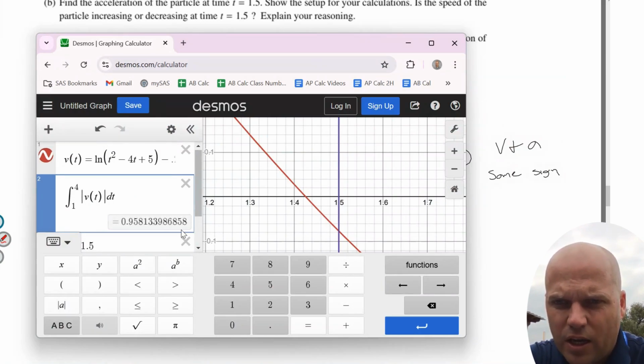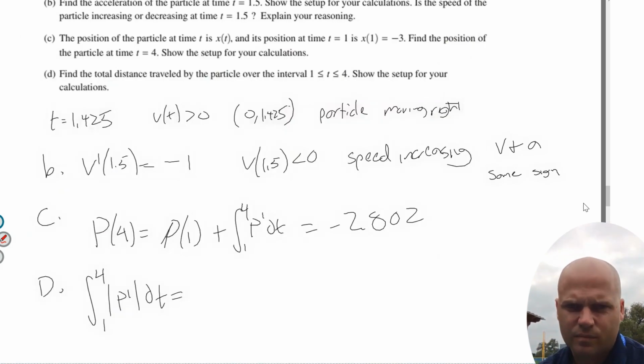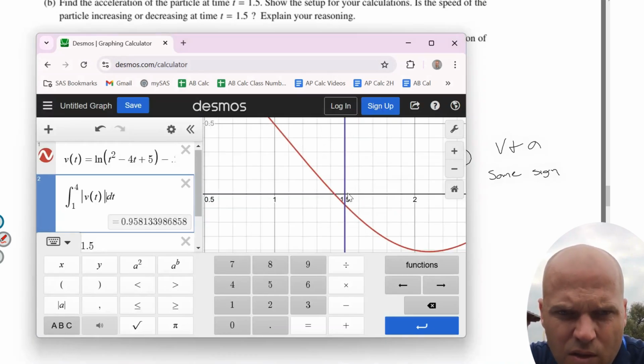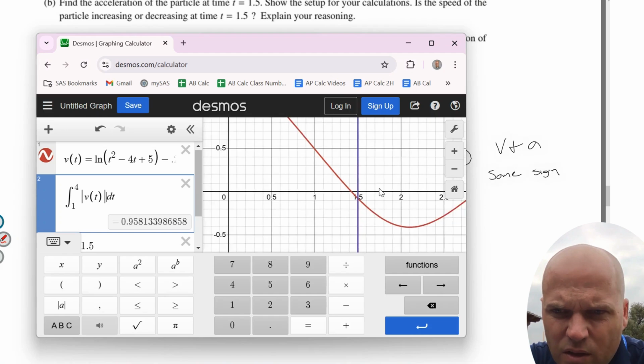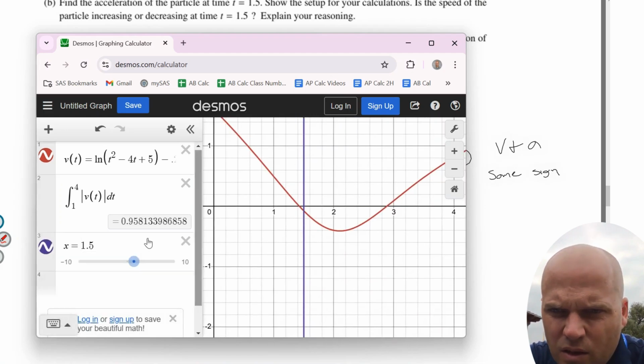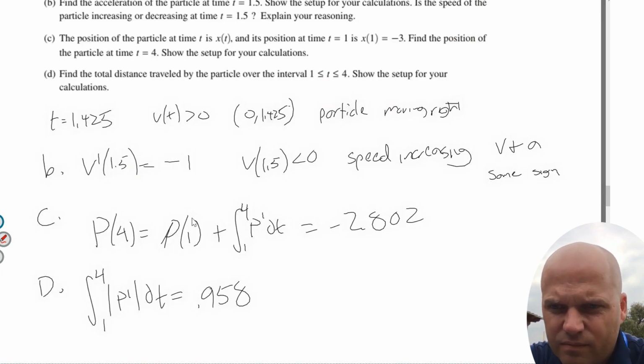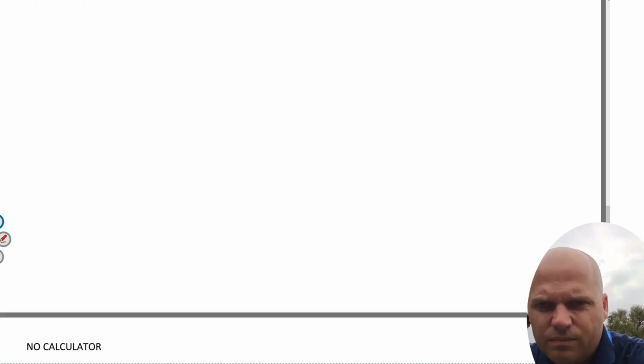I don't care where you're located to figure out how far you travel. 0.958 seems not much. Is that really right? Yeah, I guess we're not going down much, or the rate of change is not great. All right, cool. Moving on.